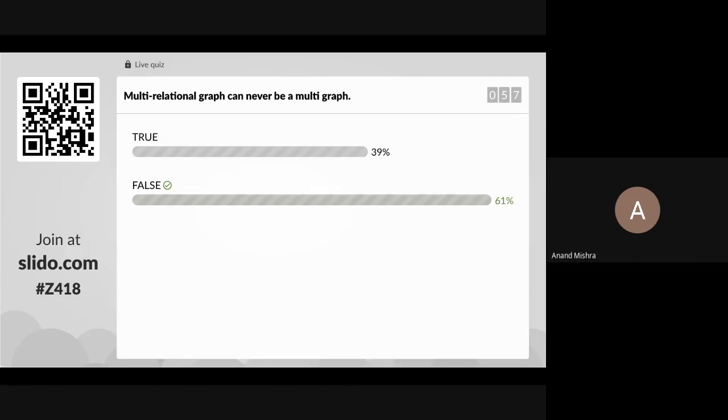The answer is false. And why is it false? Because you can have a multi-graph, right? So, for example, Virat Kohli is a citizen of India, and Virat Kohli was born in India. Right? So you can have two edges between Virat Kohli and India. So definitely it can be a multi-graph.